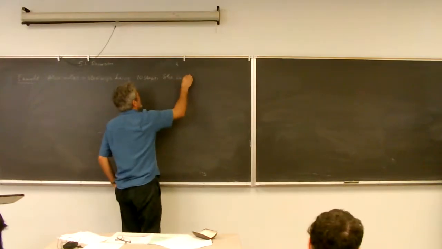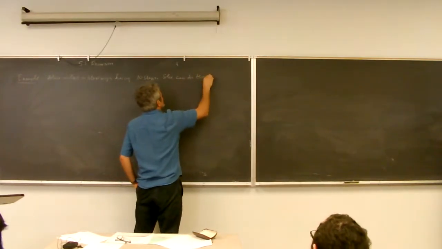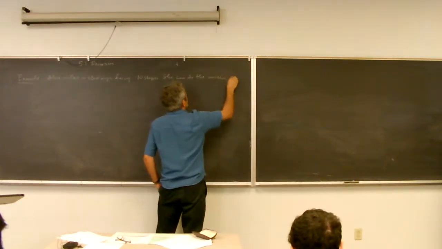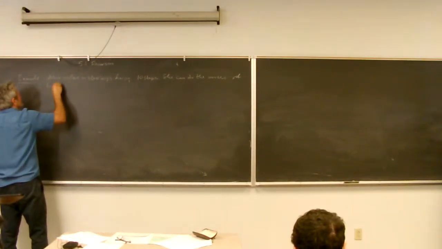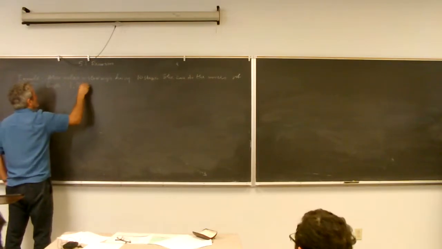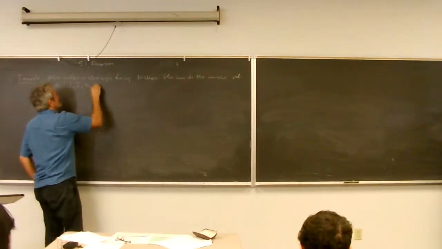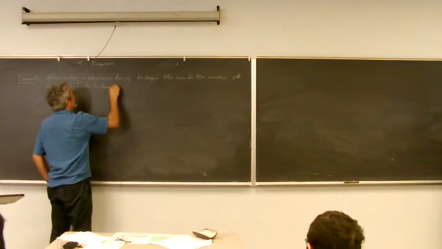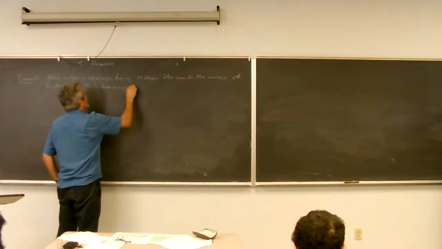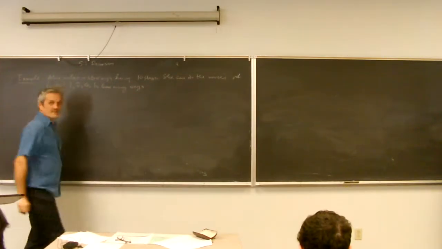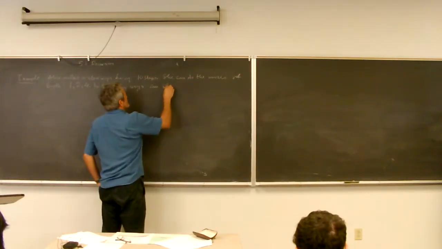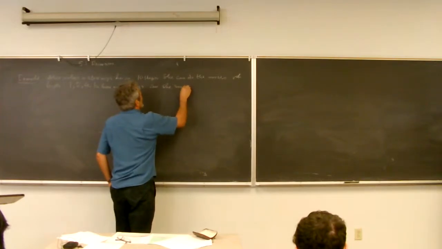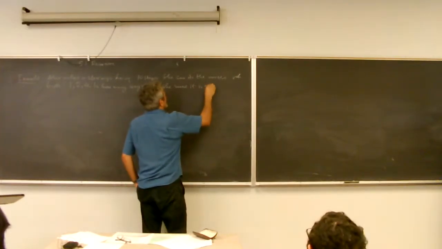She can do the moves of length 1, 2, and 4. In how many ways can she make it to the top of the stairways?